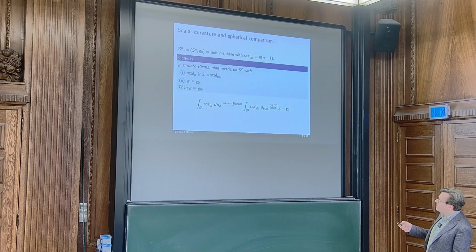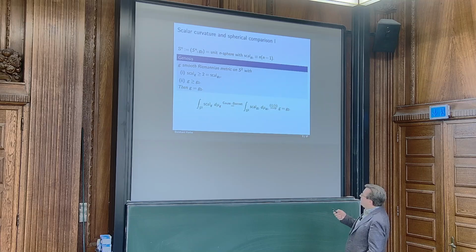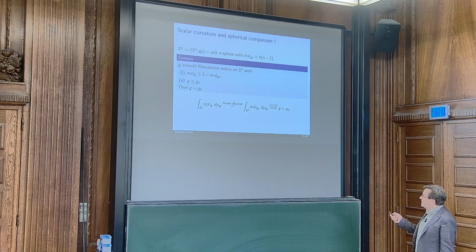And now if we have both these inequalities, so this integrand is larger than or equal to this one, and the volume form is larger than or equal to the volume form here, this means, using that the metrics are actually compared in this way, that the metrics must be equal: g equals g0.